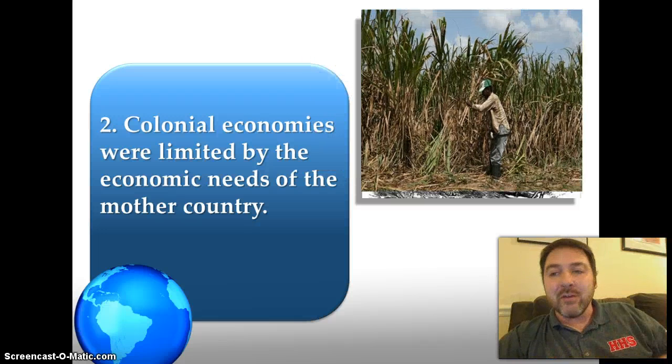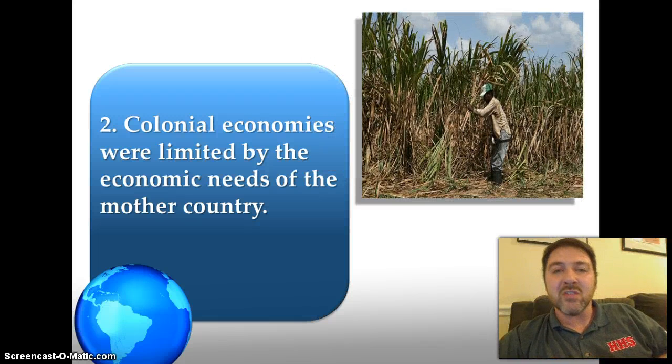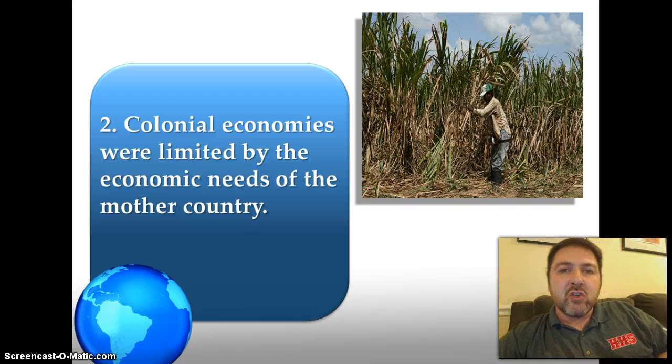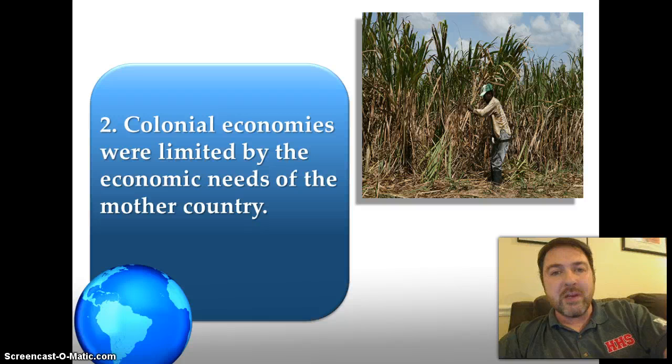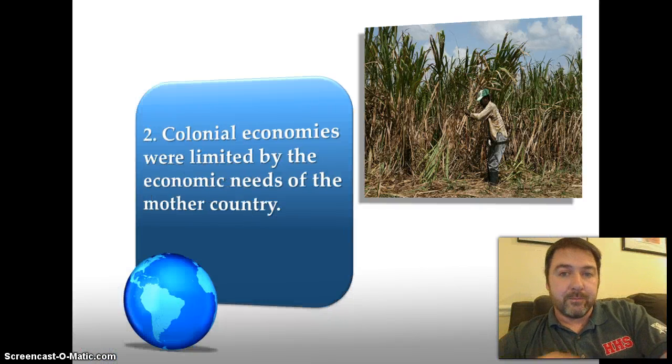Again, hundreds of years later, sugar production is still a big industry in many of those islands in the Caribbean. So the colonial economies and now the independent countries that have grown out of those colonies were very much shaped by the mother country and what the mother country needed from them 300-400 years ago.